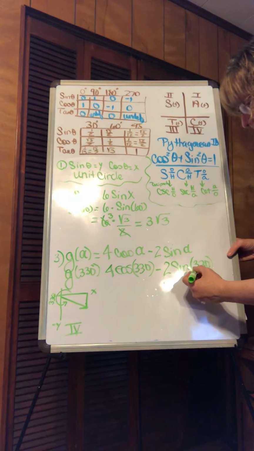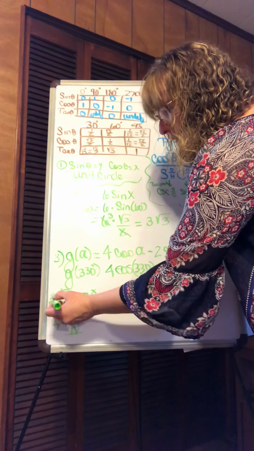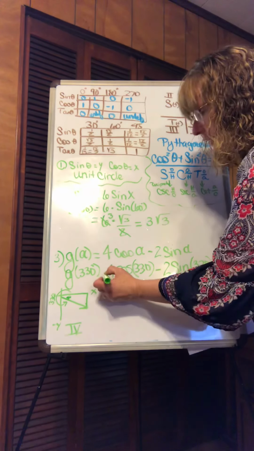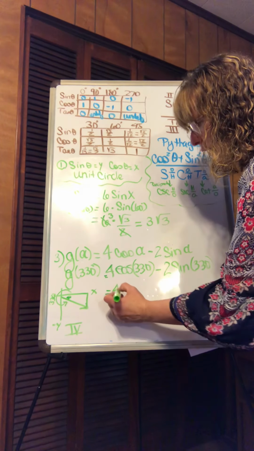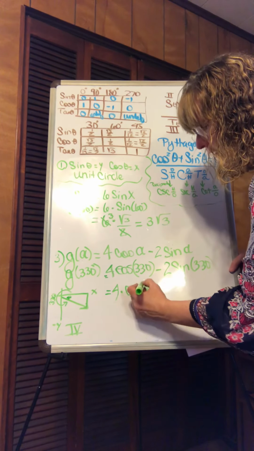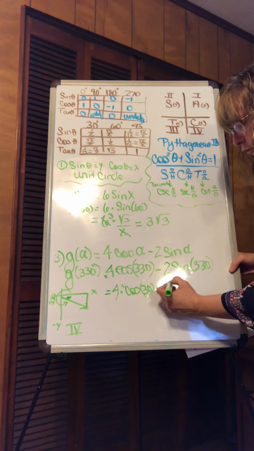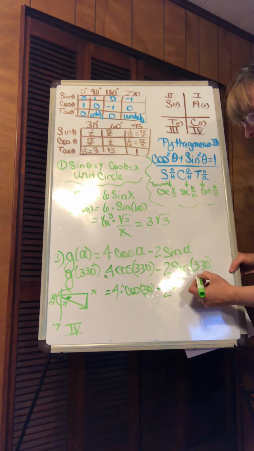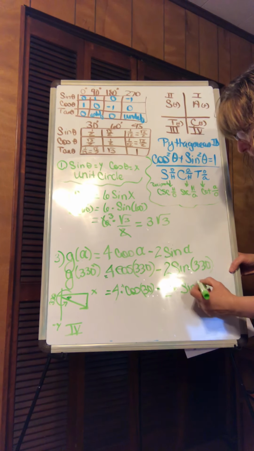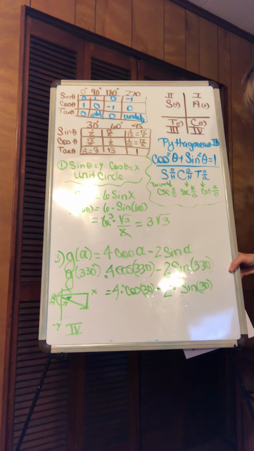The reference angle, if I went 330, is a 30-degree reference angle. So this is now equal to 4 times the cosine of the reference angle of 30, which is positive in quadrant 4, minus 2 times the sine of 30 degrees, but this is negative in quadrant 4.